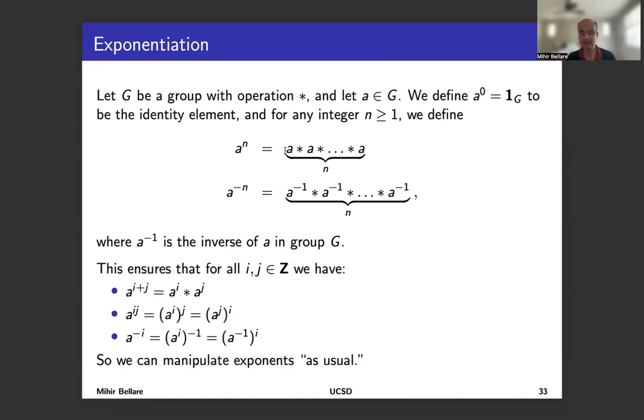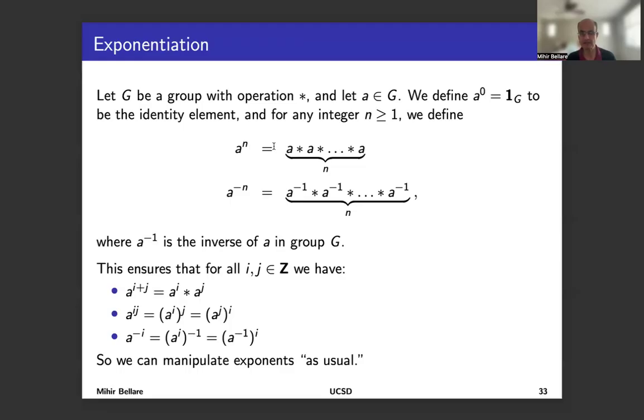What if n was a negative number? Oh, well, I'll see it quite that way. I'll have a negative exponent here, a to the power negative n, by definition, is going to be a inverse multiplied by itself n times. Now, one thing that can be a little tricky here is to recognize that these are definitions.